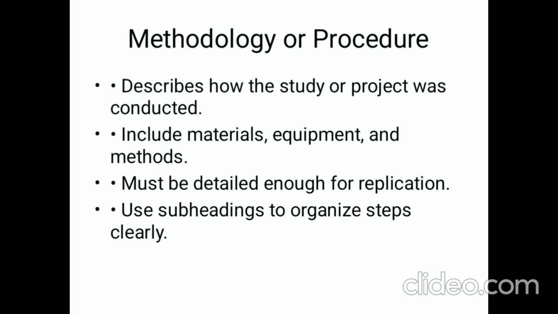Number 3, tools, software or techniques applied. Number 4, any assumptions or experimental conditions. You should remember that this section must be detailed enough so that someone else can replicate your work if necessary. Using clear subheadings often makes this section easier to read.